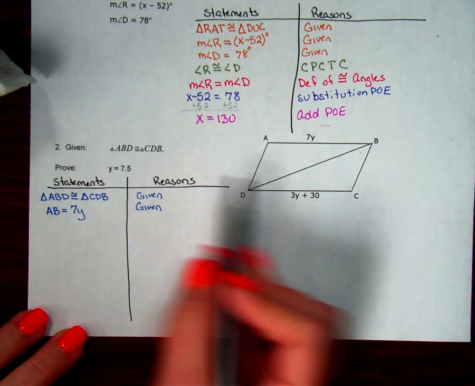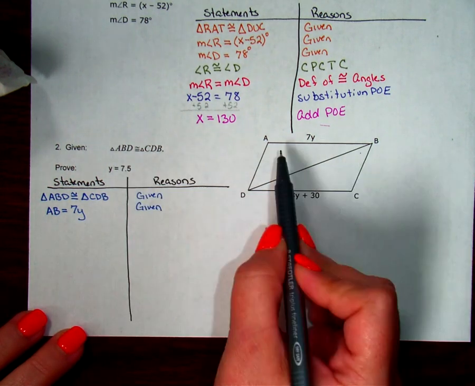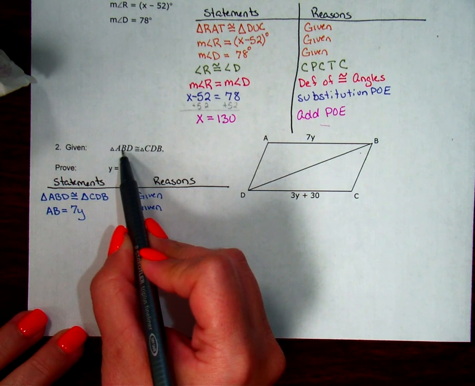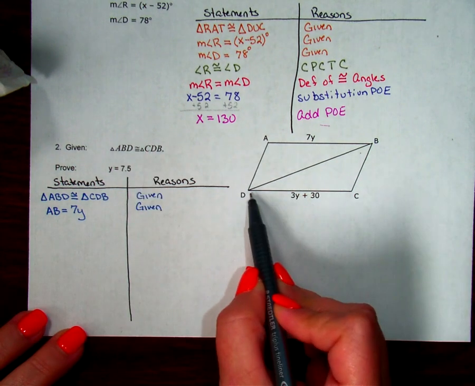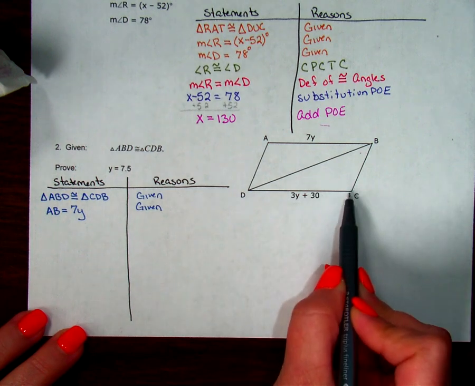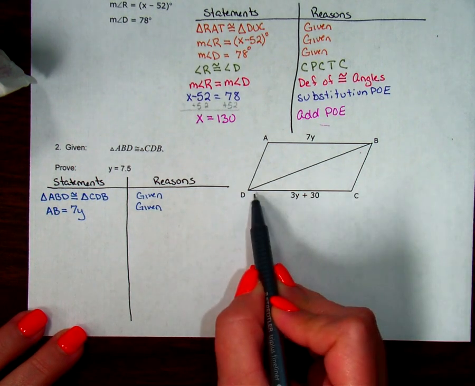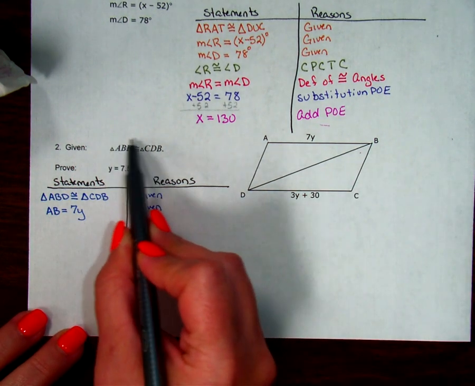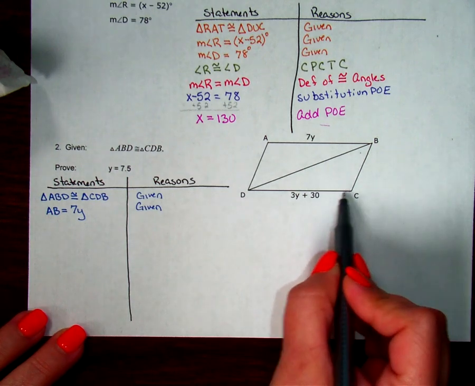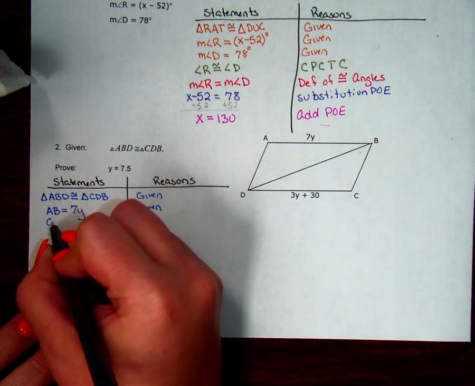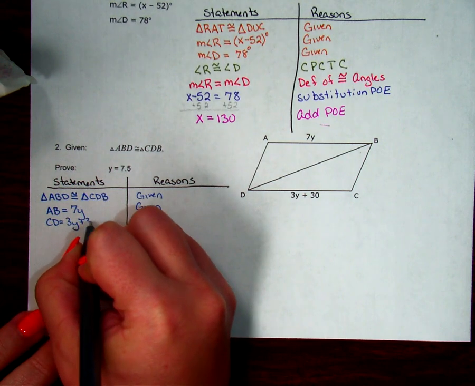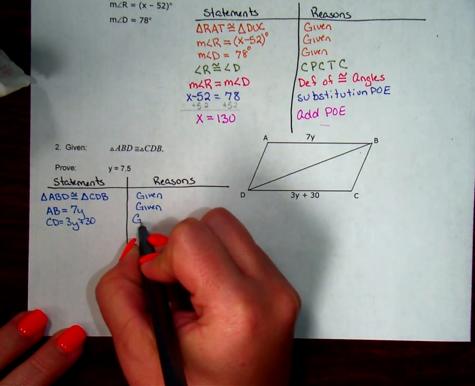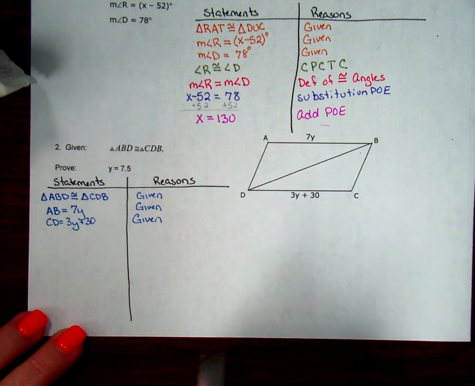If I'm looking at AB, those are the first two letters, so I'm going to look at the first two letters, CD. I could call this DC, but it's going to be easier in the proof if I stay consistent with my labeling, so I'm going to call this one CD. In my picture, I can see it's 3y plus 30, and that is given to me. So that's what's been given to me.